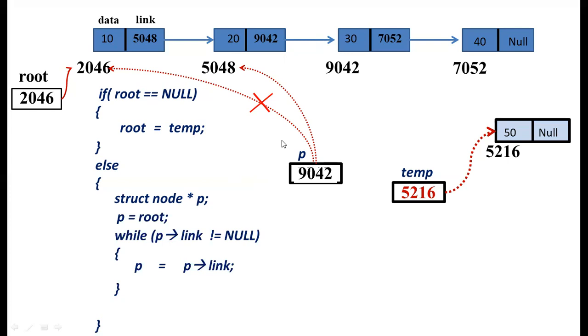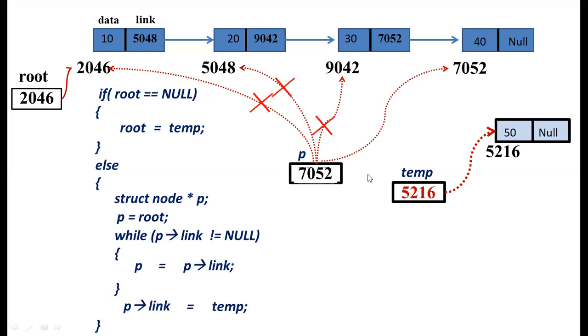Now the P stops pointing to the second location and starts pointing to the third location. Now the 9042 link value is not null, it is 7052. So the 7052 value is stored into the P, and it points to this particular location.